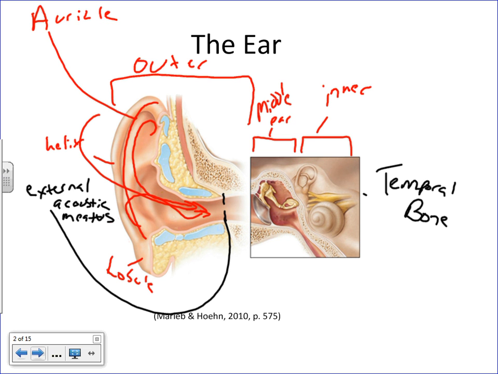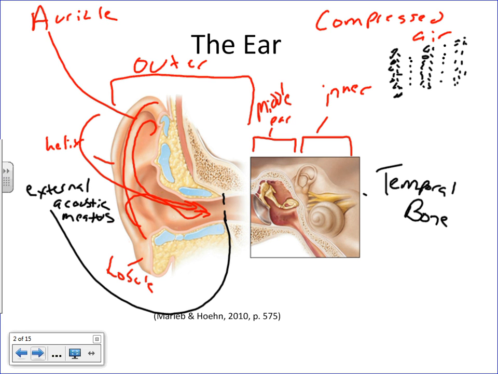Because remember, when you're hearing me talk right now or someone talking to you, you have to remember this is energy, the energy of compressed air. When compressed air is coming in, you've got basically waves of pressure. You've got waves of high pressure and waves of low pressure, and I'll talk more about this in a little bit.